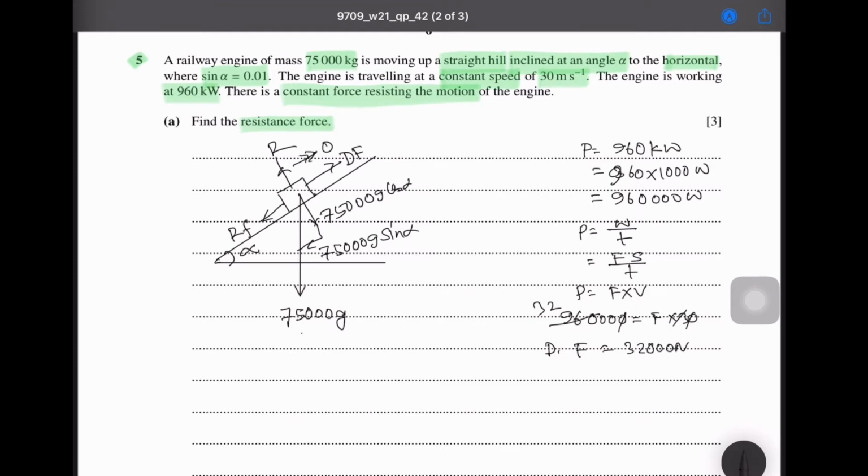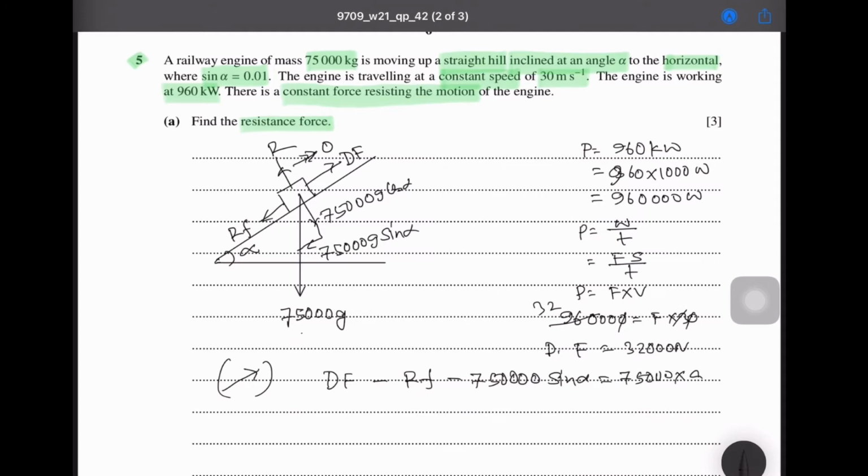Now if I resolve in the direction of inclined plane, driving force minus resistive force minus 75,000 g sin alpha equals mass times acceleration. I mean 75,000 into acceleration.